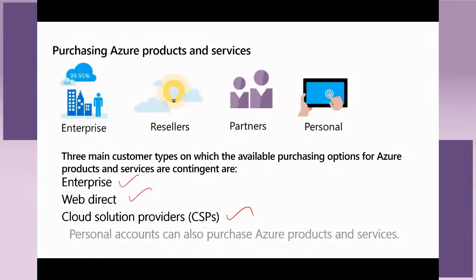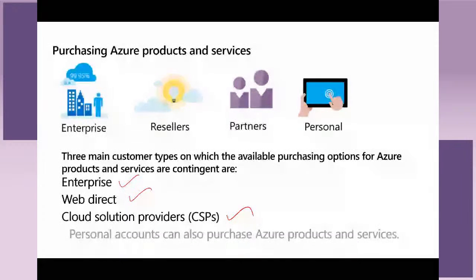They commit to spending a negotiated amount on certain Azure services. They say, we are signing an agreement, in a year we will spend this much, something like that. So these enterprise customers have some customized pricing.